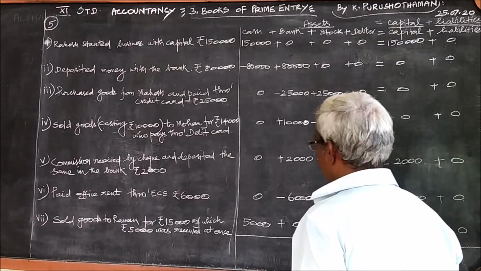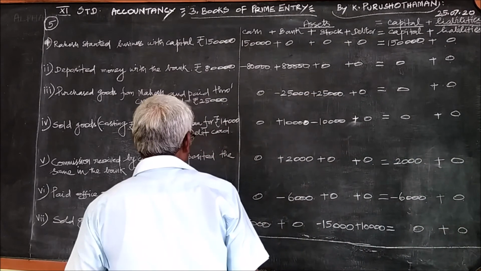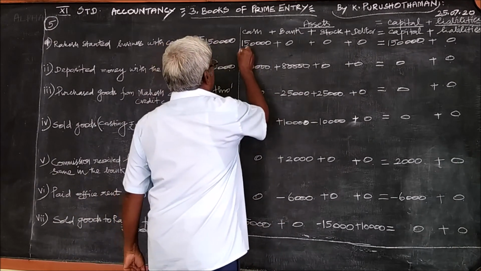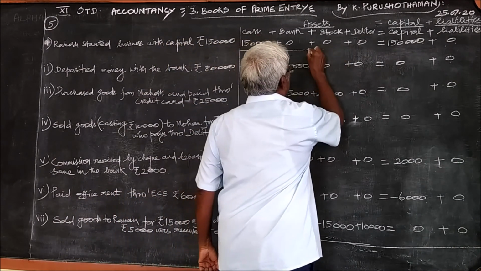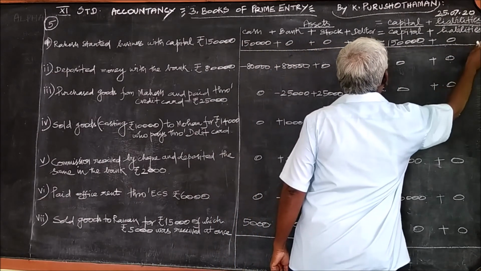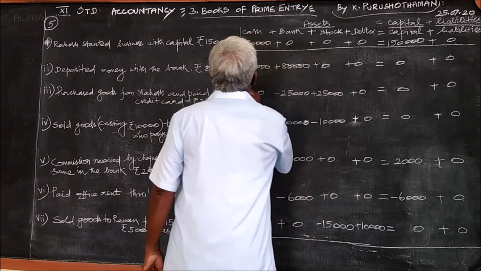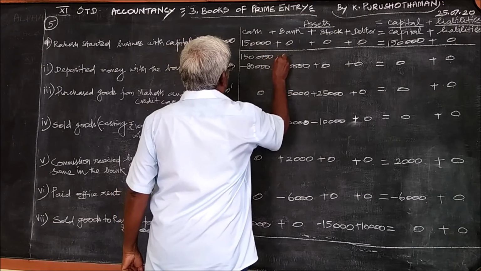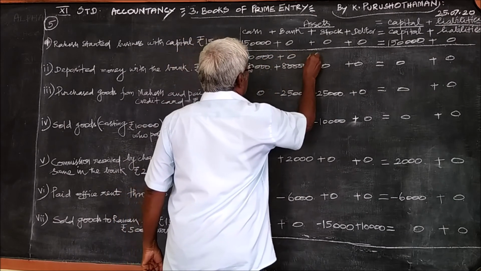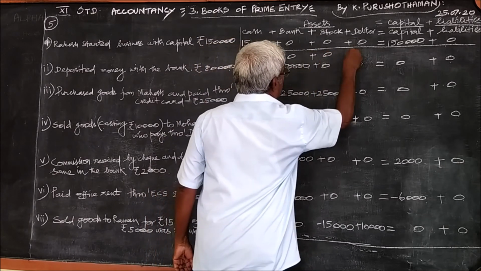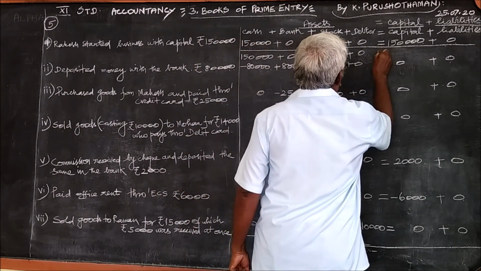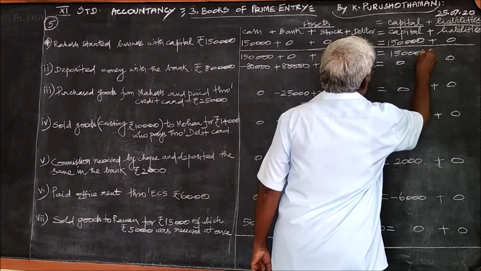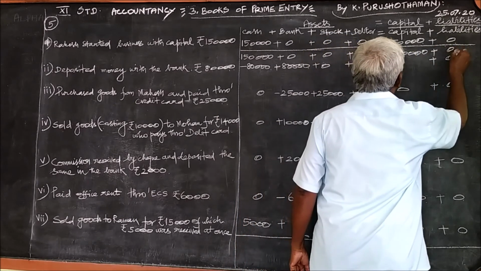Now we have answered. The next work is we should add and write. Find the total. For the first one, we should write as it is, 1,50,000 plus 0 plus 0 plus 0, 1,50,000, 0.